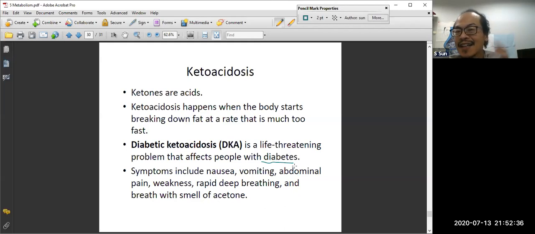They cannot enter into the cell because there's no key to open the door for them. What's the key? Insulin. The cells build insulin resistance. They are not sensitive to insulin, so they do not open the door for the glucose. So cells are starving. They need glucose, but they don't open the door for the glucose.